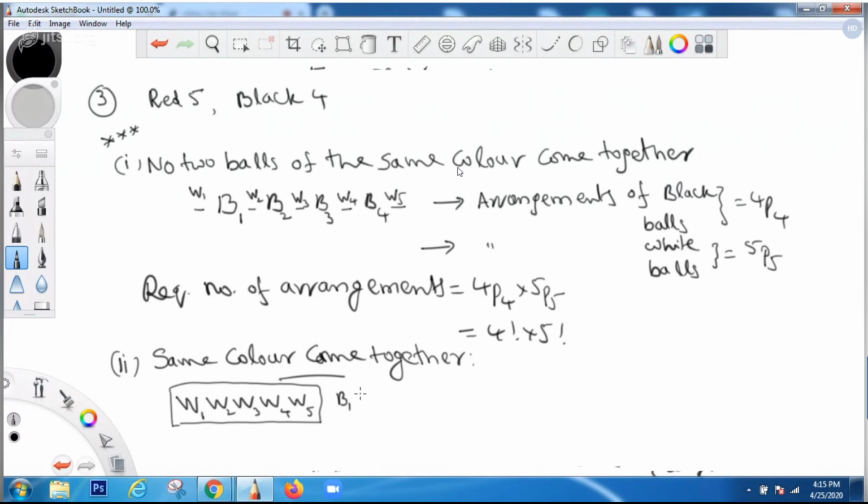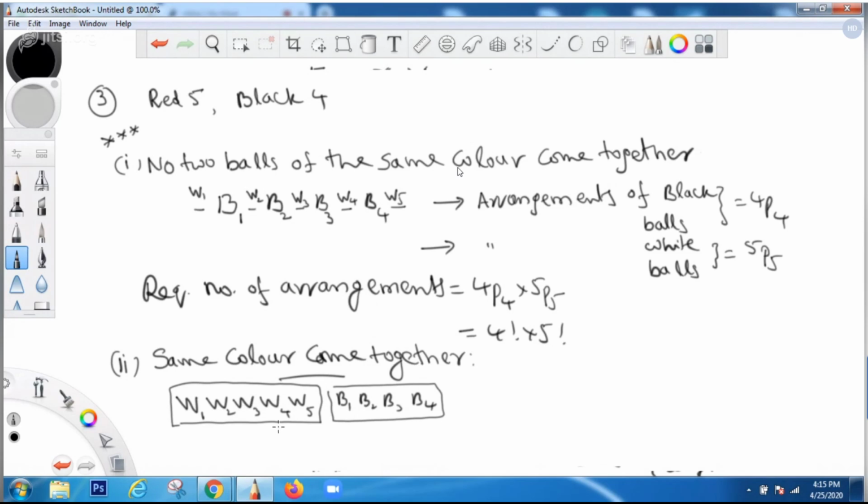B1, B2, B3, B4. We put another tie for them. So were they not the same color being together? All whites are together, all blacks are together.